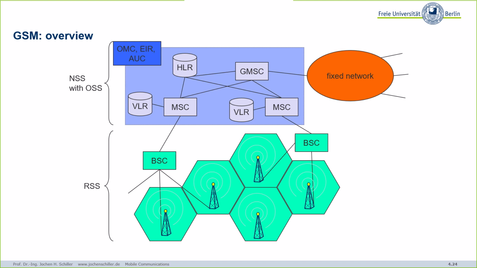Here it's the network subsystem with the operation subsystem containing all the databases needed for monitoring the subscribers, monitoring the users currently roaming into an area. This core network contains all the components that forward the traffic from a fixed network into the mobile network. So this clear separation of radio issues and core networks, this is what we will then see also in the other generations.